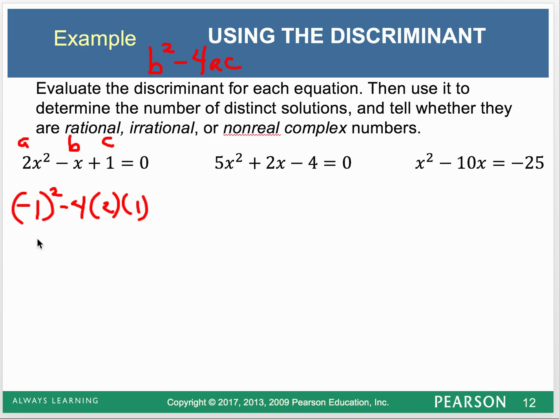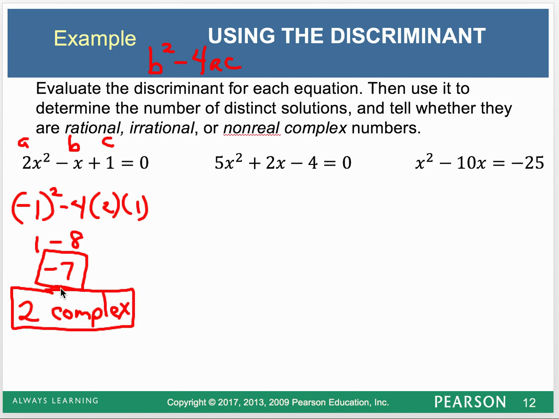This is 1 minus 8, negative 7. Oh, that means we're going to get 2 non-real complex solutions because this will be under a radical sign. Okay, so the value of the discriminant is negative 7. It tells me there's 2 complex solutions.